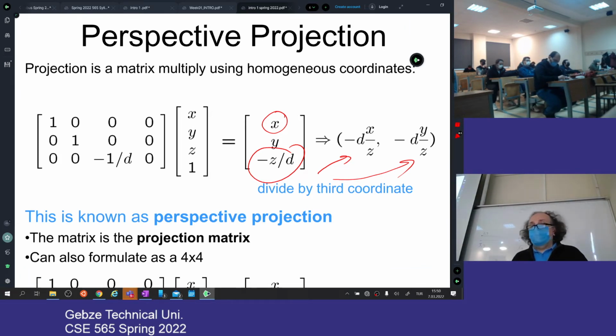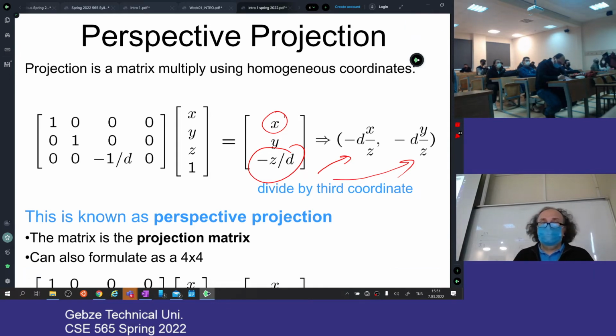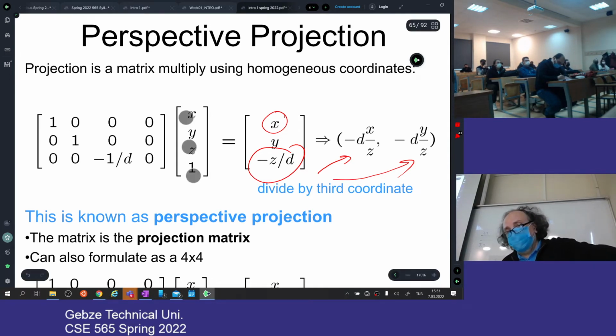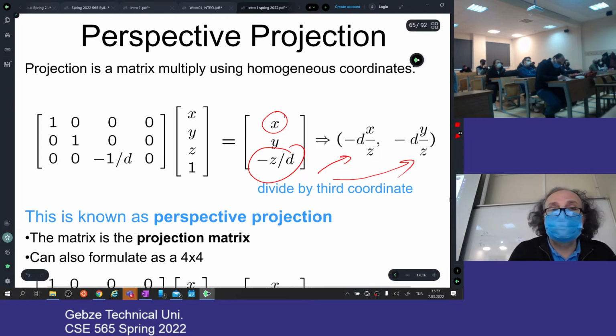I am using this matrix multiplication to achieve the perspective projection. So everything is linear. This is a 3 by 4 matrix, and this is a four-dimensional vector, but it is in P3. Okay, this is P3.